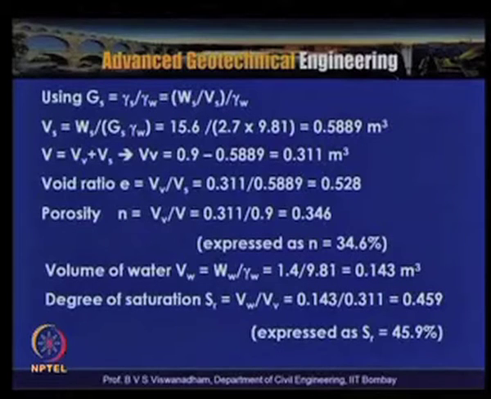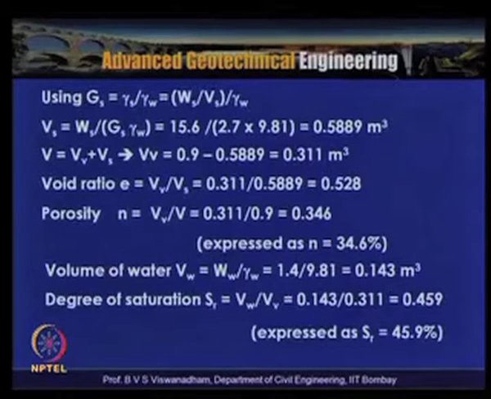Void ratio is the volume of voids to the volume of solids. So, in this case, the soil mass has a void ratio of 0.528. Porosity is the volume of voids to the total volume, and the total volume of the soil mass is given as 0.9. So, the porosity, which is obtained as 0.346, is expressed as 34.6%.